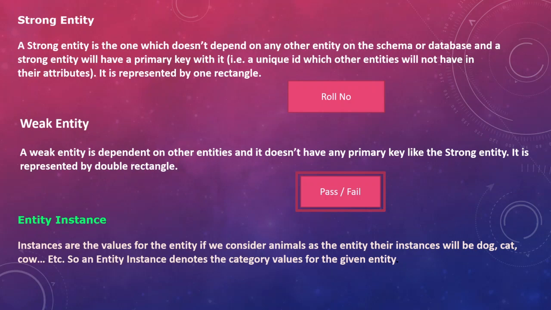So an instance is the value of an entity. An entity instance denotes the category values for the given entity. So what kind of values should be entered in the entity is known by the entity instance.